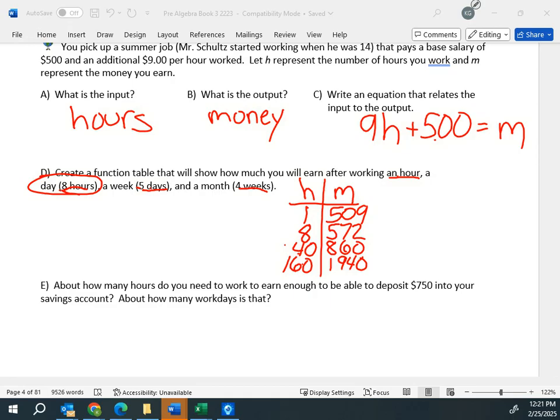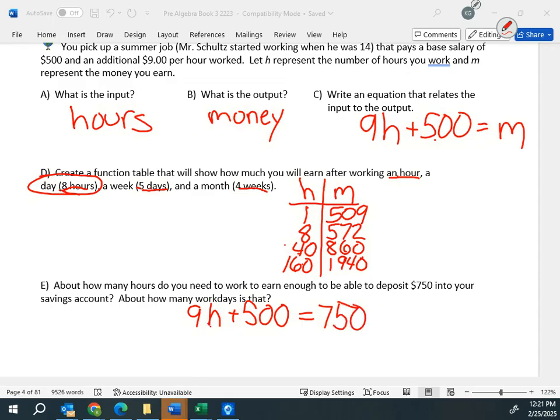How do I solve this one? David, what equation should I write out first? 750 minus 500. I'm going to write my whole equation out first. We're jumping to our first step. But our equation, we've got 9H plus 500, and that equals $750.